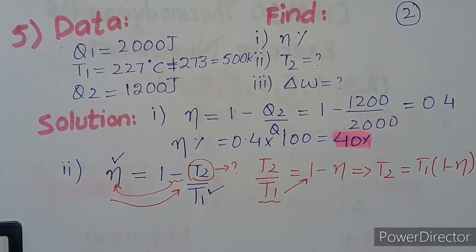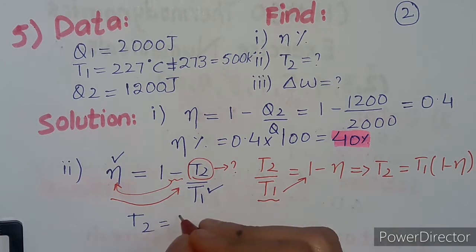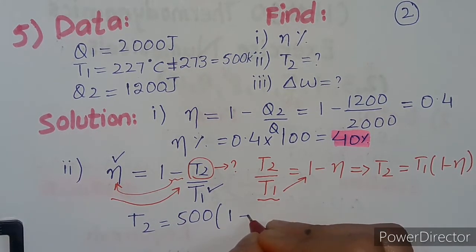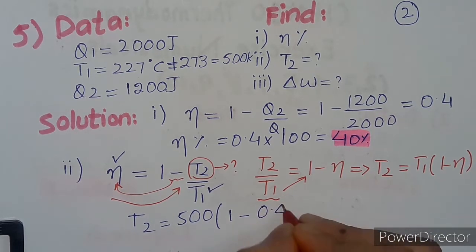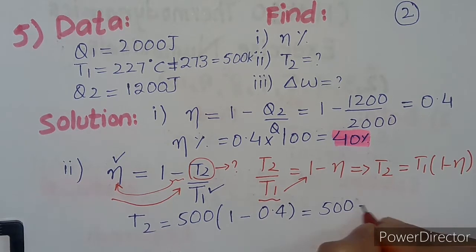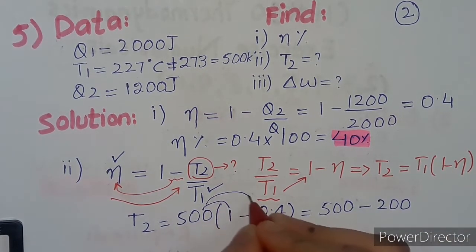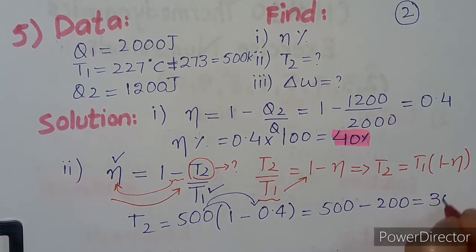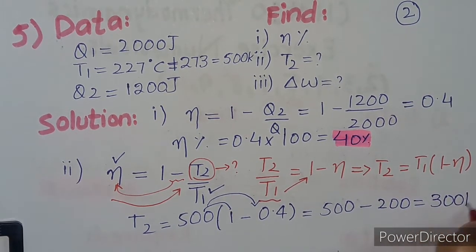Now putting the values, T1 is 500 into 1 minus 0.4. So we get 500 times 0.6, which equals 300 Kelvin.